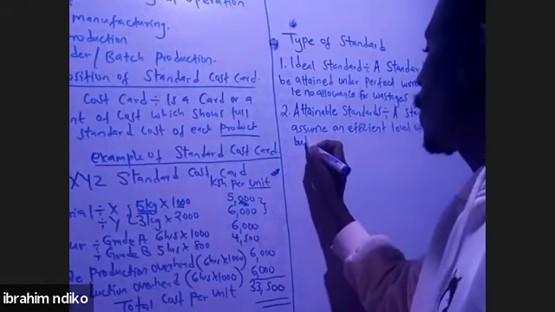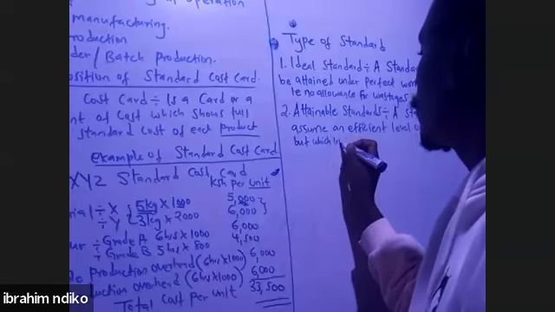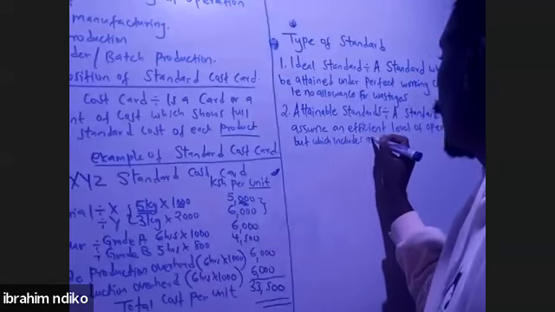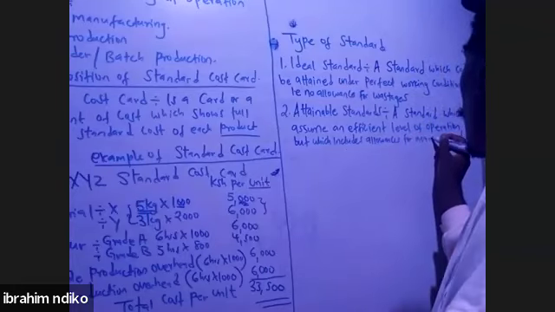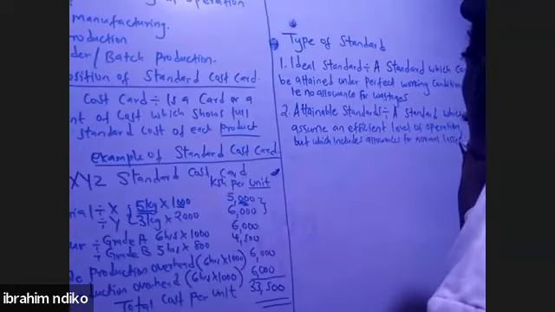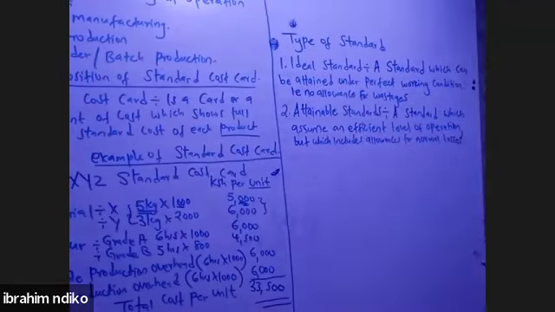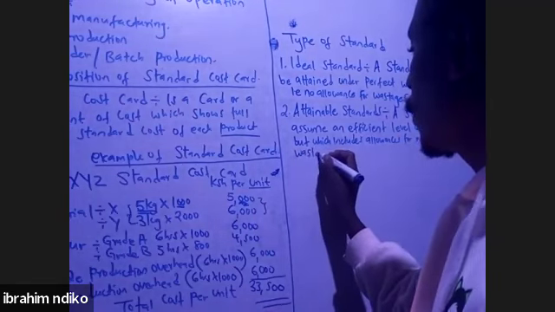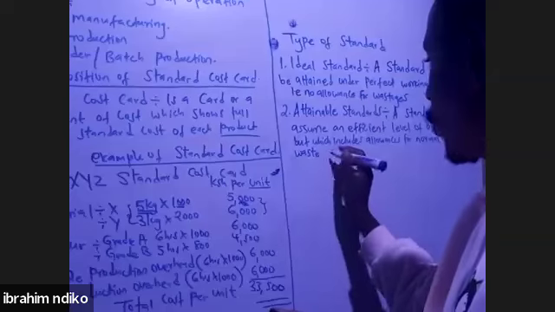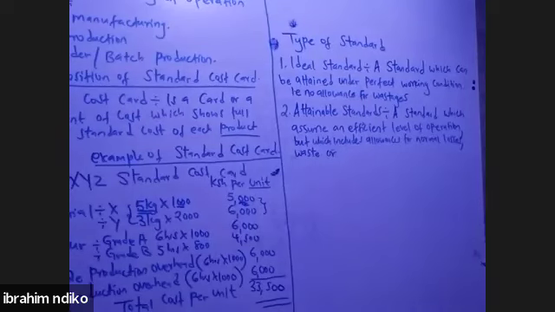But which includes allowances for normal losses. So we can take it that if you allow for normal losses, we can also add waste, and you can also have something to do with machine downtime.